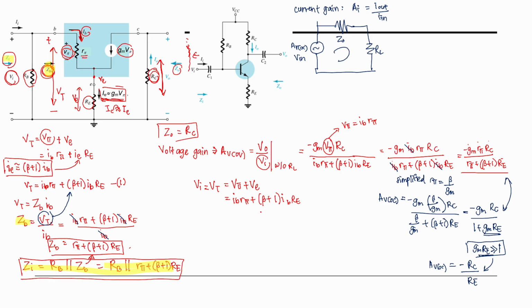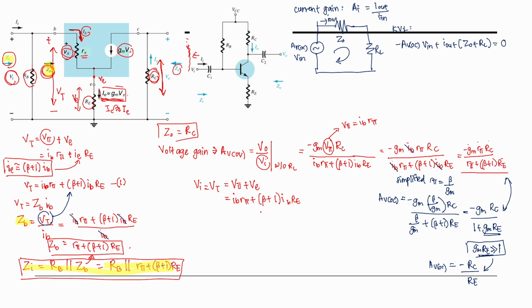So the KVL is going to be like this. Your equation is the same as what we have discussed before: negative AVOC V in plus I out, at the output, Z out plus RL equals 0.